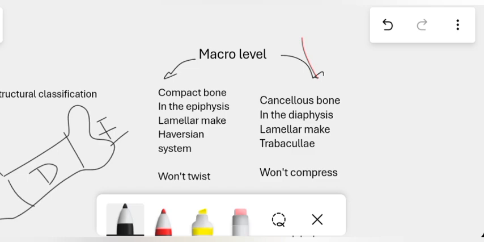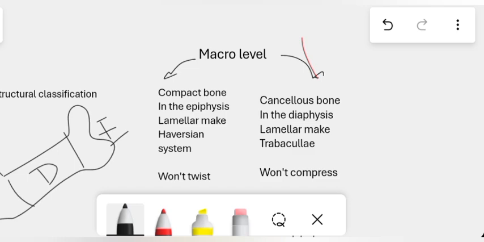Now how do you remember that? Compact bone is like ivory, and cancellous bone is like a mesh. What I mean by ivory is that it is hard and it has very tiny pores. So it is porous, but it's very hard and brittle.